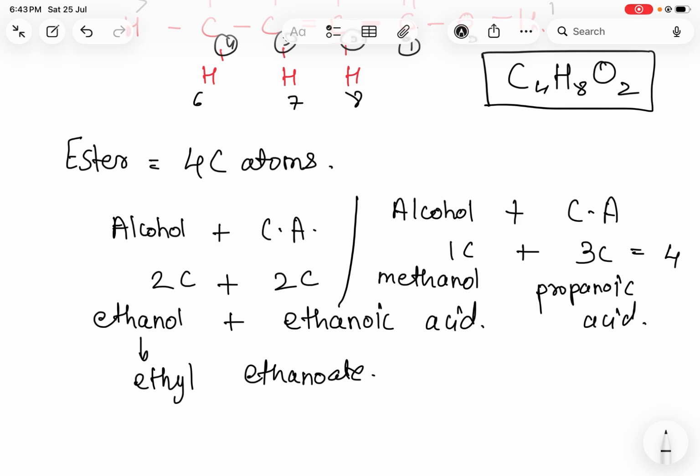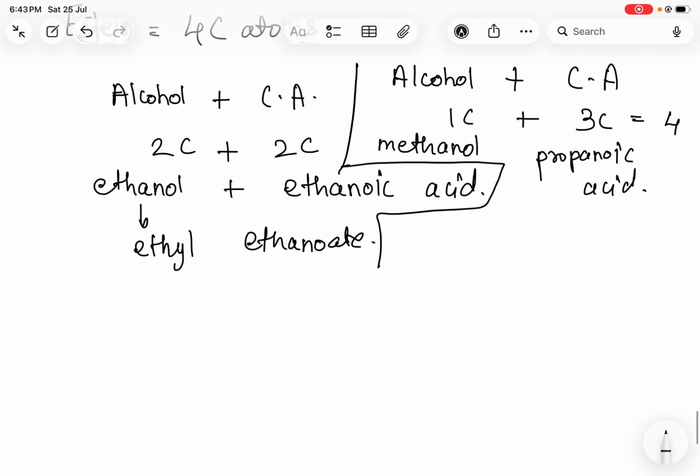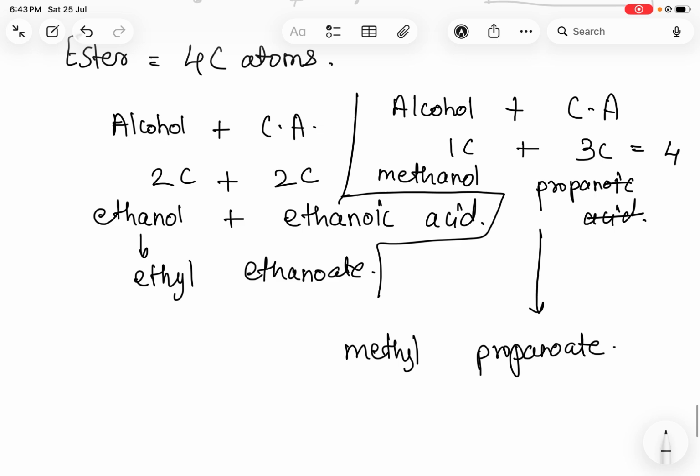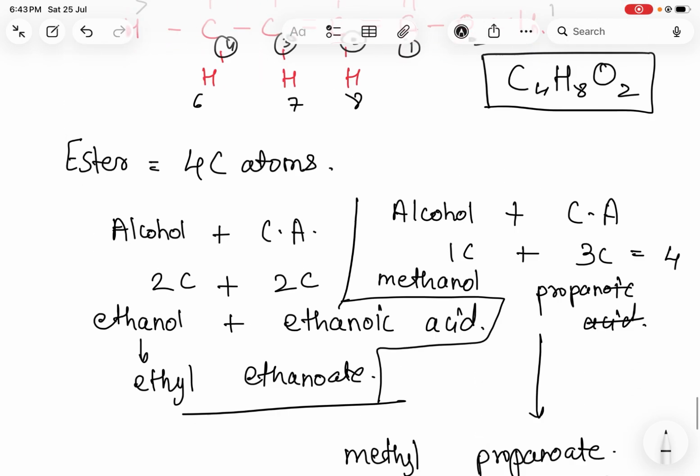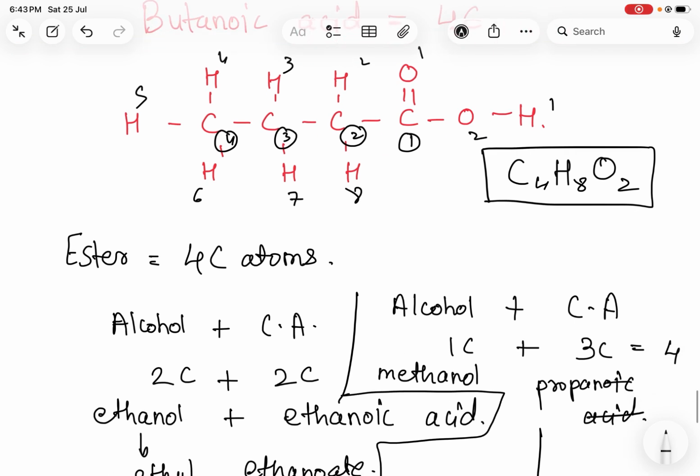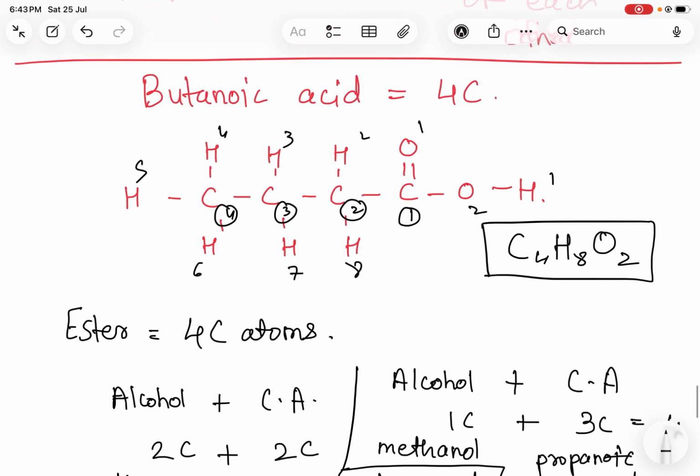Okay, so here what will be the name for both of them? Methanol will become methyl, and propanoic acid will become propan. Oic acid we have to cancel out, and it will become oate, methyl propanoate. Okay, so either ethyl ethanoate or methyl propanoate, any one of these can become a structural isomer with butanoic acid.